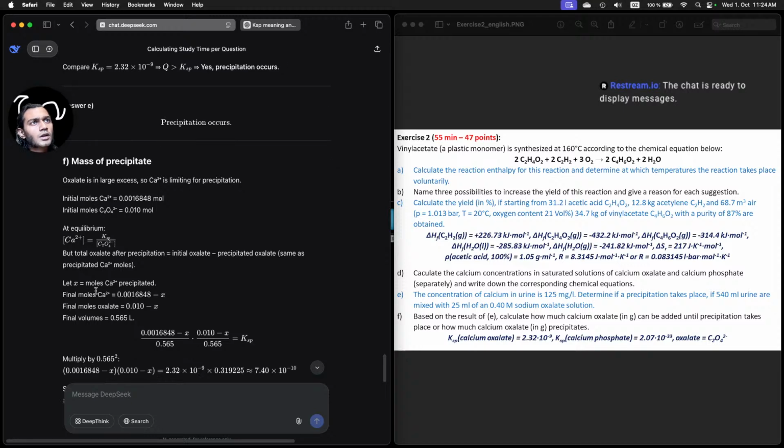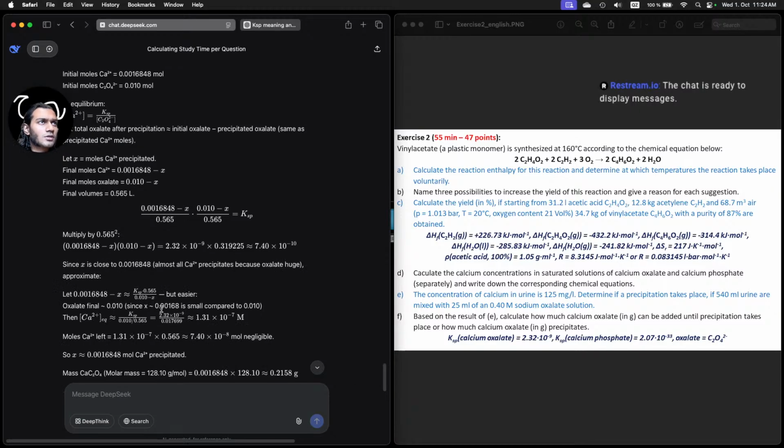Let X be the number of moles of Ca2+ precipitated. Final moles of calcium. Oh, I forgot the table. It's with the minus. Okay.